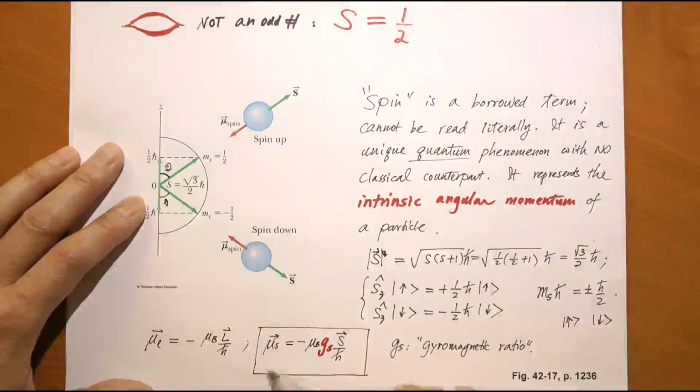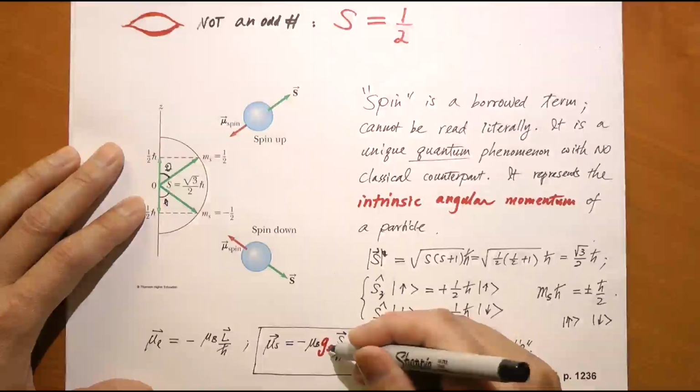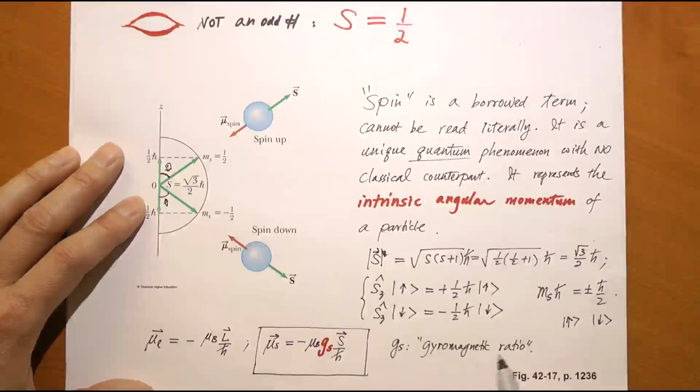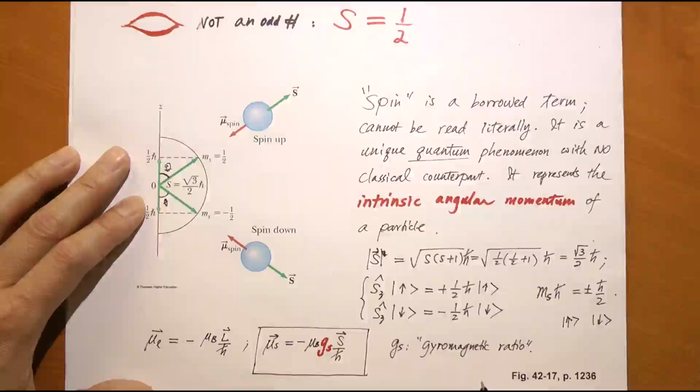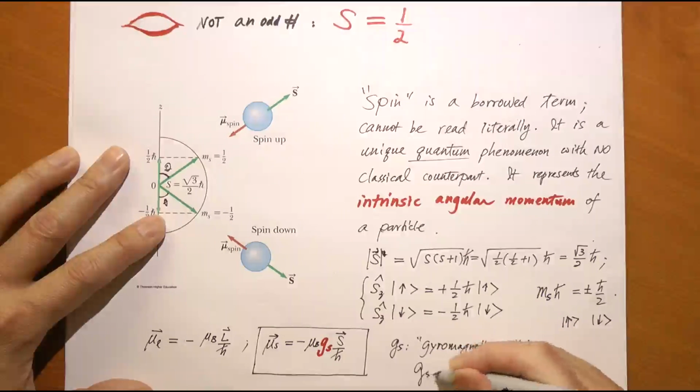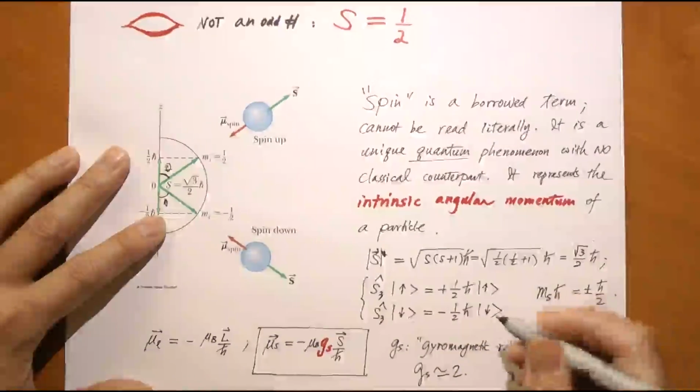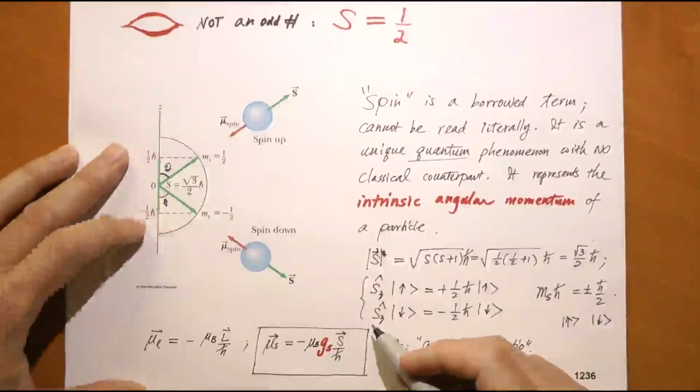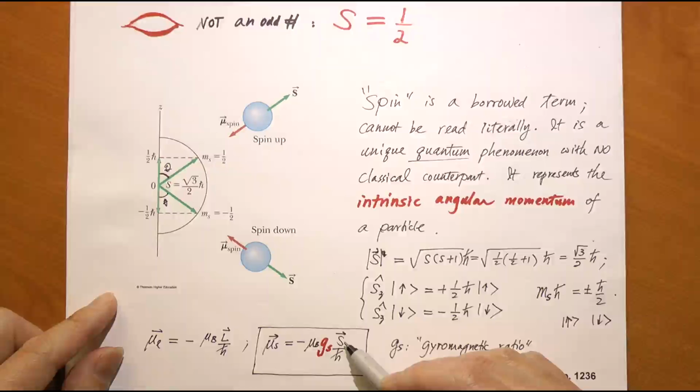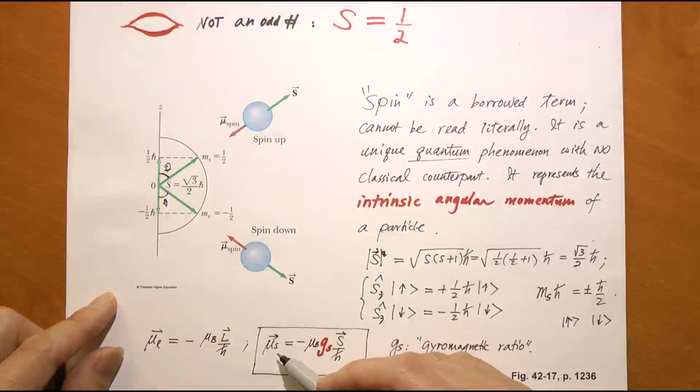Here, there is a similar formula, negative mu B, except there is another quantity, GS, which is called the gyromagnetic ratio. Now, don't ask me where that comes from. It's beyond our lecture, but I can tell you that GS is roughly equal to 2. An excellent approximation, equals 2. Gyromagnetic ratio. So this is how you go from the spin angular momentum to the spin magnetic dipole moment.